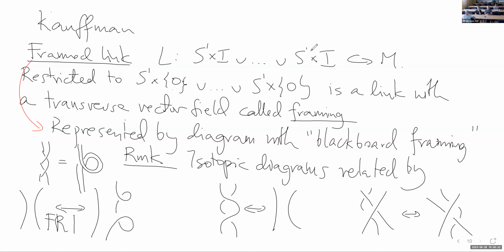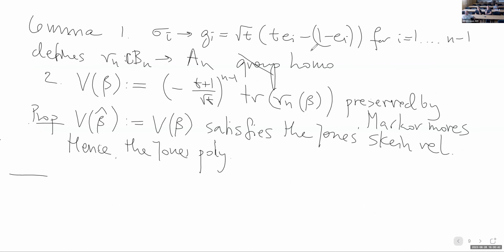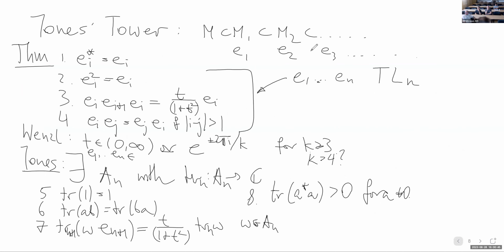I have a question about this standard Jones construction, if you could come back to it. Okay, so this Jones tower is something related to this pair, a subfactor inside a factor.